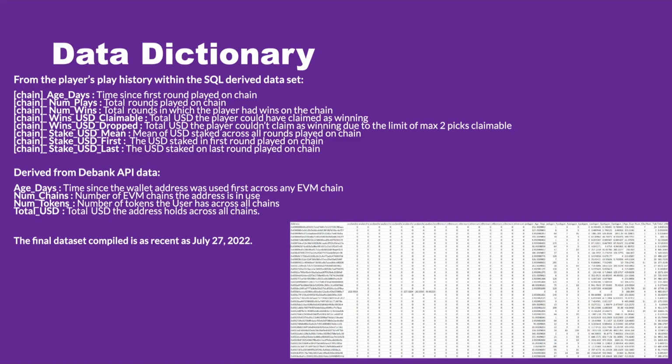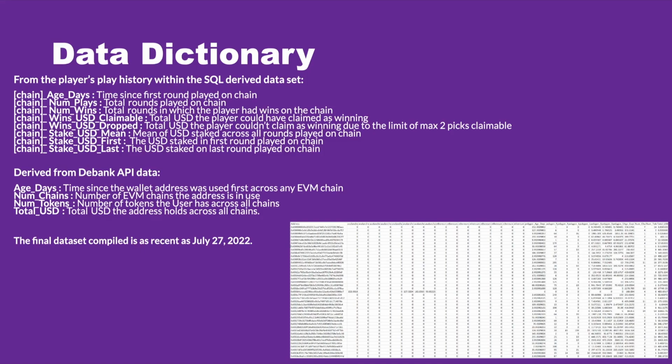Effectively, we're tracking the time since the first round played, the total number of rounds, the total number of wins, the amount that was claimable that the player could have claimed, the amount that was dropped because there's a limit, and then the staking, the amount staked across all rounds, the first round and the last round. That's from the data set.